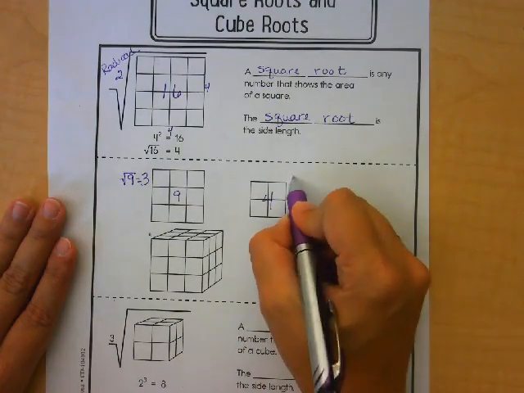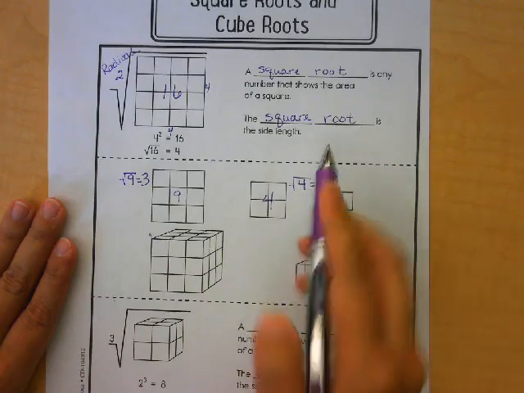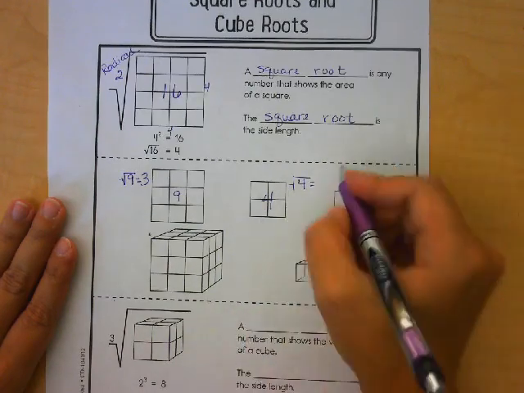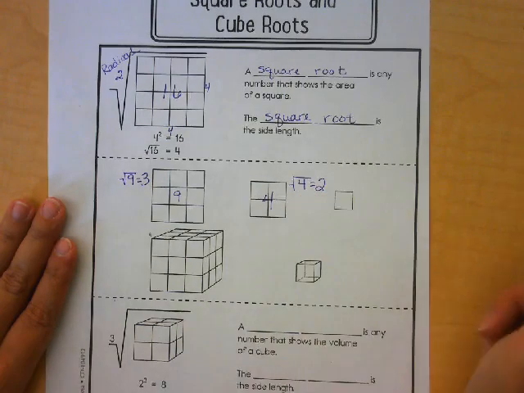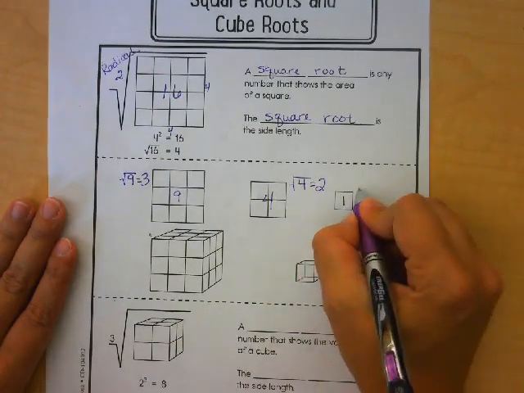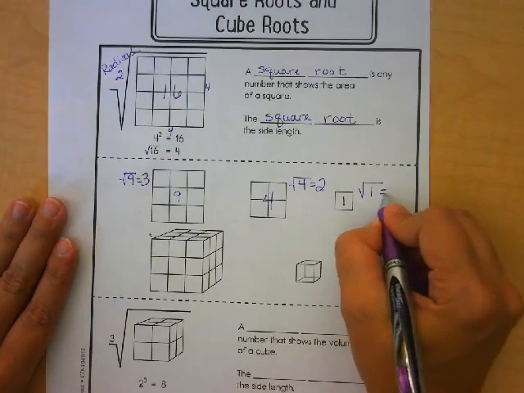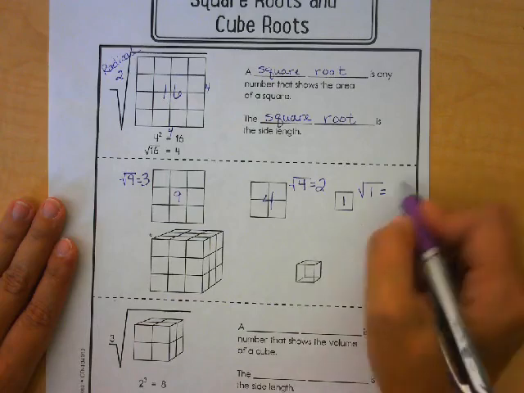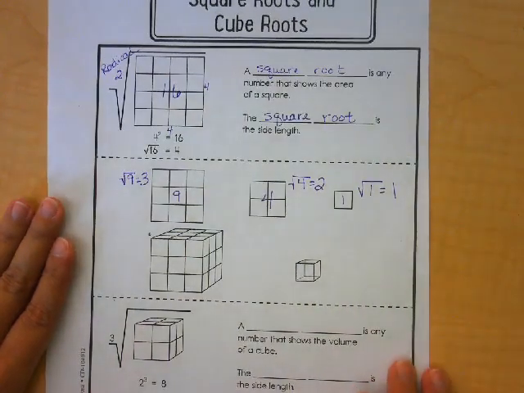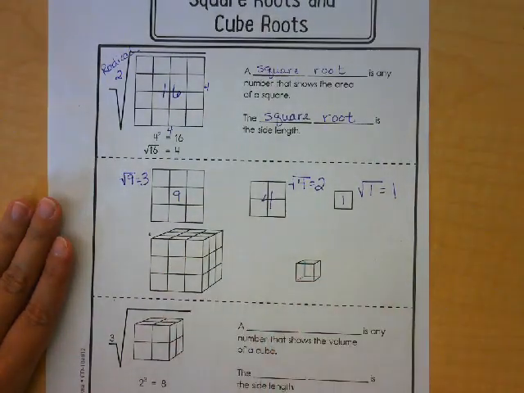So the square root of 4, what are the side lengths? 2, because 2 times 2 is 4. Here I only have 1. The square root of 1, well, what times itself is 1, or how big are the side lengths on this square? 1.